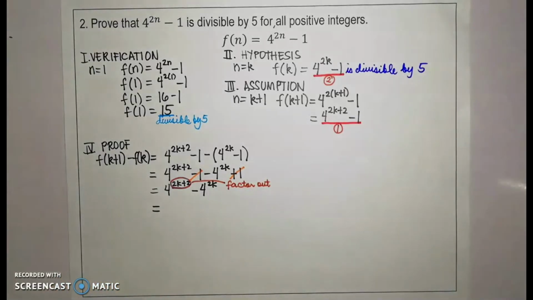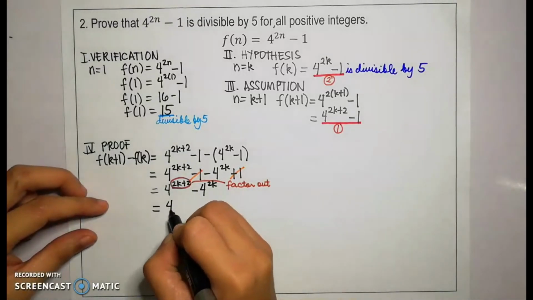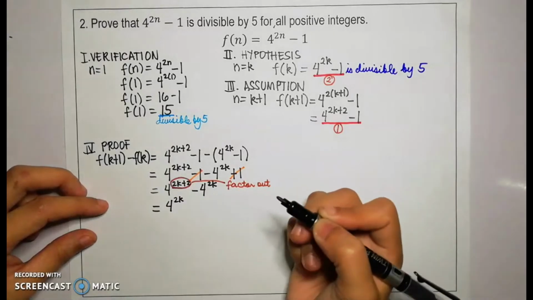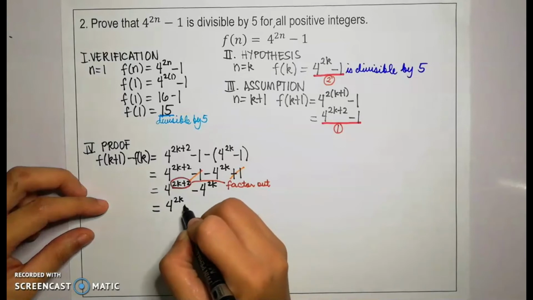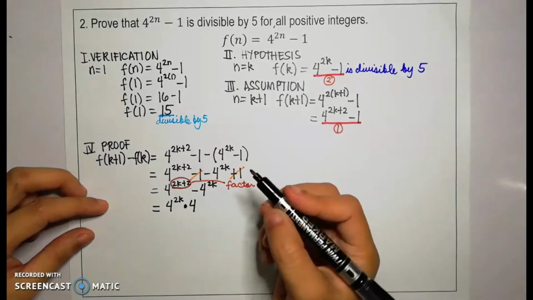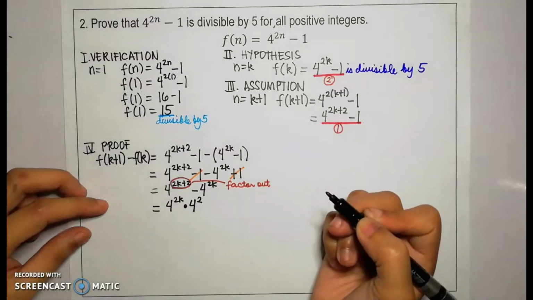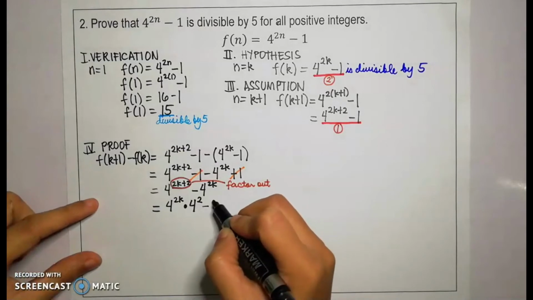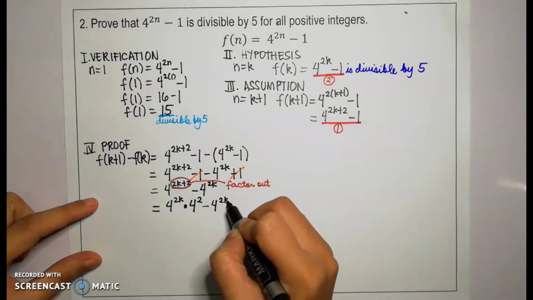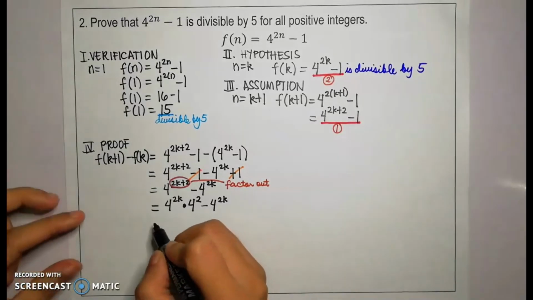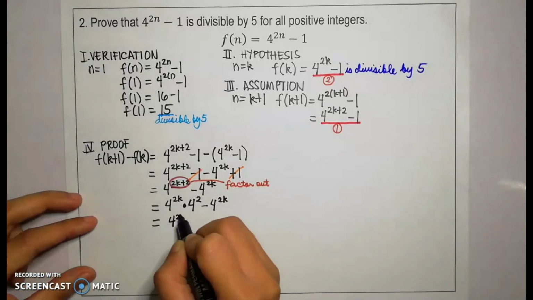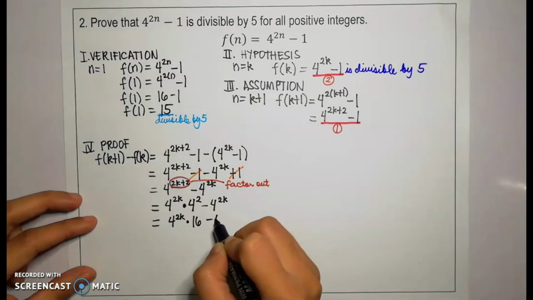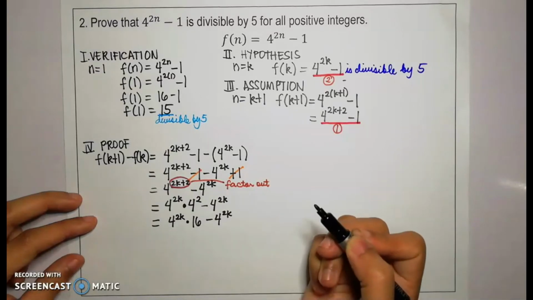Using laws of exponents, we can factor out 4 raised to 2k times the constant with the same base, so we have 4 raised to 2, then copy the remaining term, negative 4 raised to 2k. So we have 4 raised to 2k times 16, since 4 squared is 16, minus 4 raised to 2k.